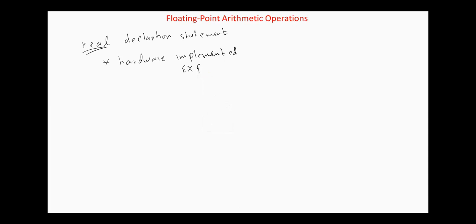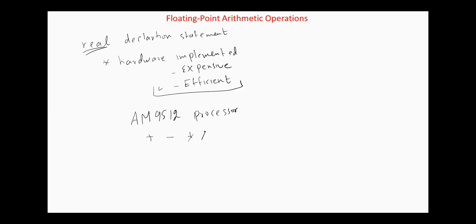This is more expensive than implementing them using software, but it's more efficient. One of the examples is the AM9512 processor that provides the operations add, subtract, multiply, and divide for 32 and 64-bit operands.